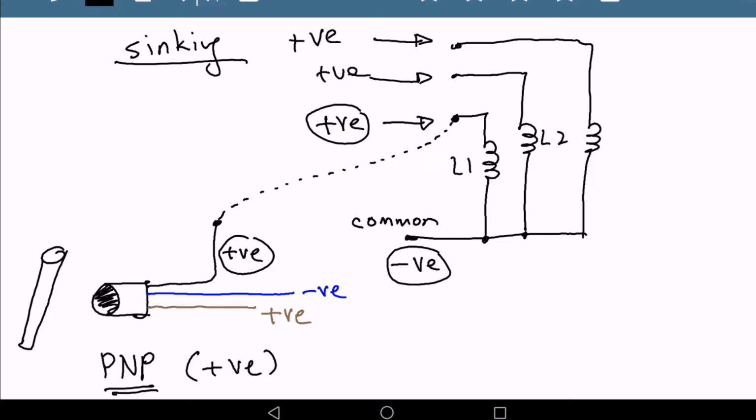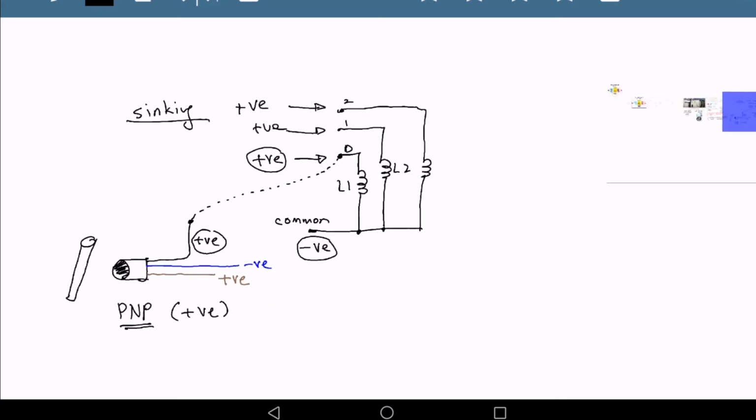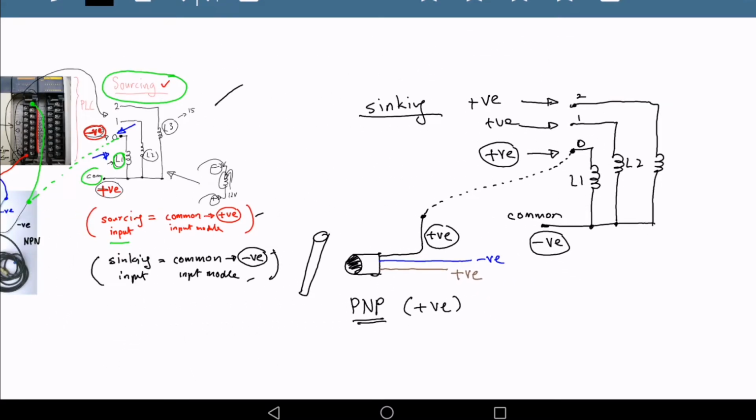Maybe input number 1 or number 2, until 15 if it is CQM1H. You can choose which input you want to use and then do the connection based on your program. So that is the difference between syncing and sourcing of PLC input.